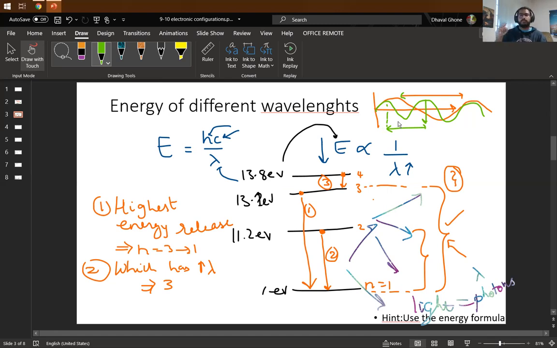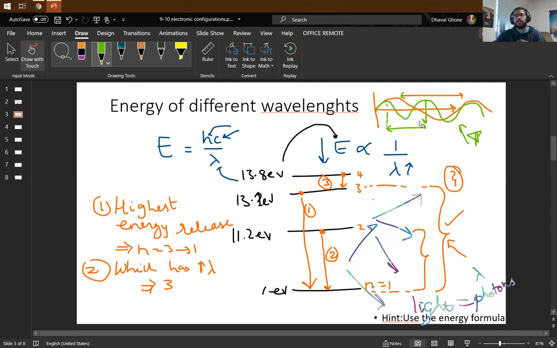The one dribbling faster would have a shorter wavelength, with the ups and downs very close to each other, while the player dribbling slowly will have a very relaxed wave path. If you get hit with one of those balls, the ball bouncing faster would have higher energy, right? So the ball which bounces faster, or the wave which has a smaller wavelength, has a higher energy. That's the way I remember things.